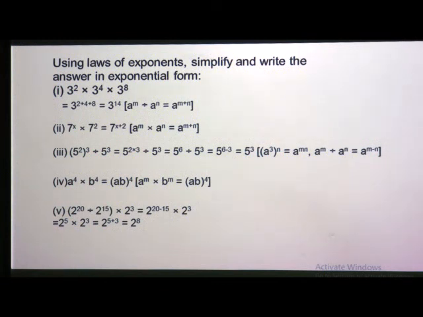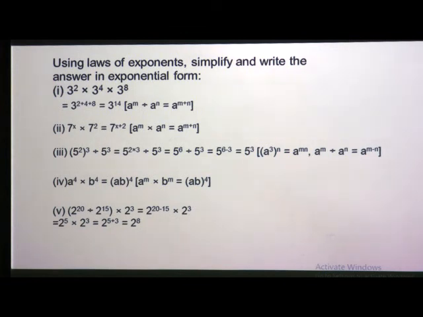Now you know the simplification, and you know how to write in exponential form, which is, for example, 3 raised to the power of 8 or 2 raised to the power of 9. These are the exponential form. Today we will see some examples, and the laws we have already learned, we will just recall here.